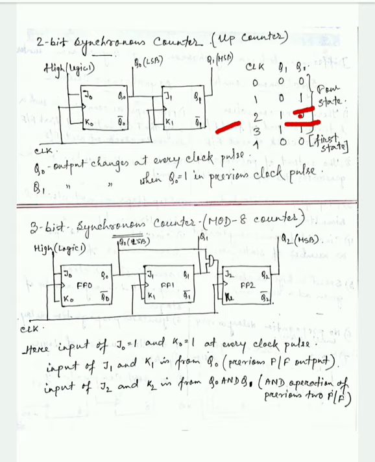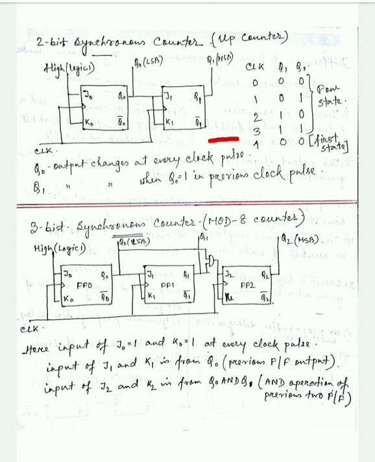We now have clock pulse 2, but in clock pulse 1 the value of Q0 is 1, so that is the previous clock pulse. So in clock pulse 2, Q1 will change. The value of Q1 is 0, so the value of Q1 will change to 1. Mind it, this is the main point.